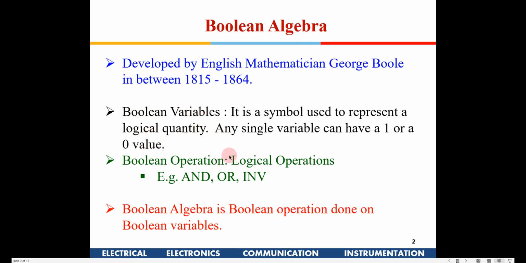On these Boolean variables, various operations can be done, like an AND operation, OR operation, or an invert operation, and other types of operations we know, NAND, NOR, exclusive OR. All those are known as Boolean operations. When you have a Boolean operation done on a Boolean variable, that is known as Boolean algebra.